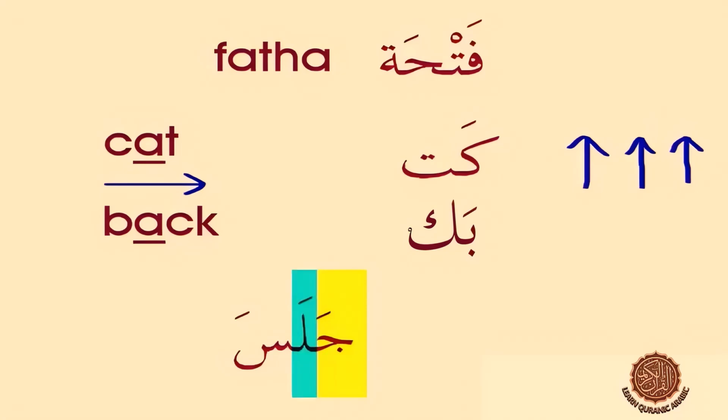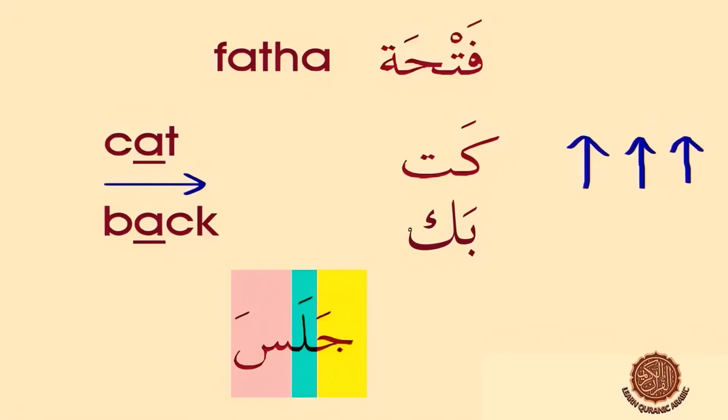Second letter is the lam. It's similar to the L sound in English. So the lam with the fatha on top is la. So let's read both those letters together. Jala. Jala. Now the final letter is a sin. And that has the S sound, similar to in English.